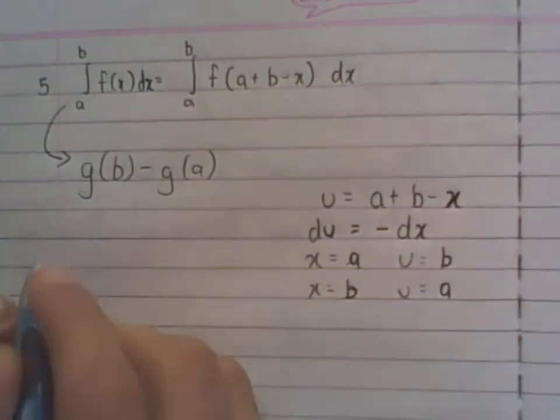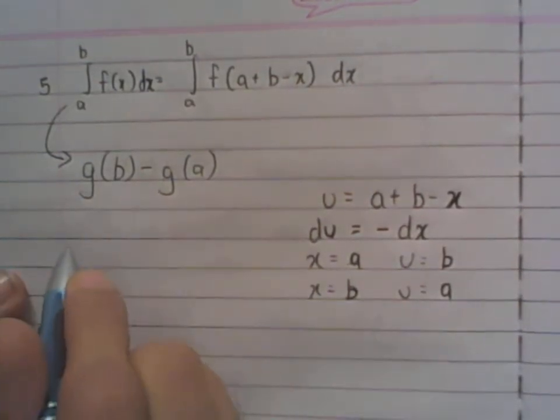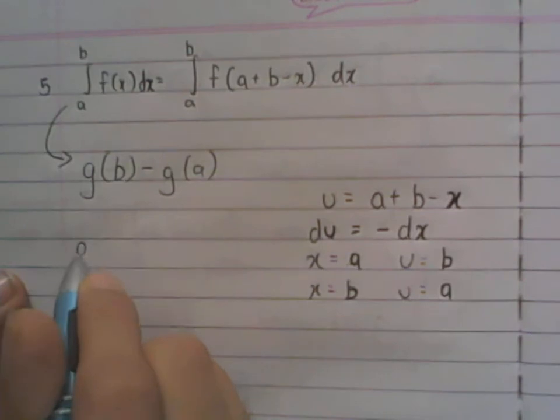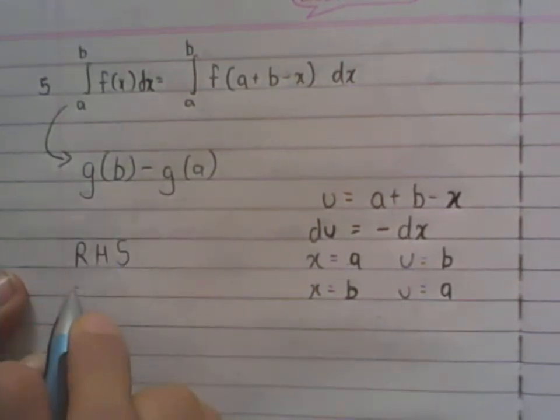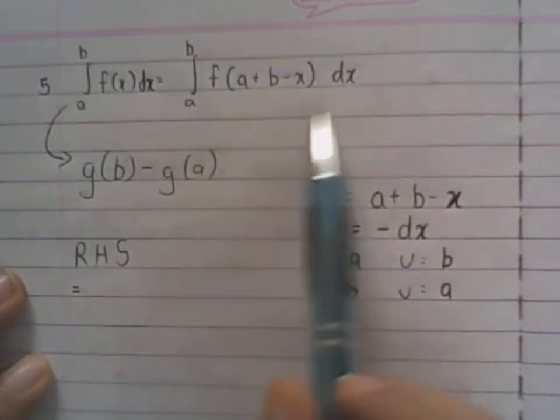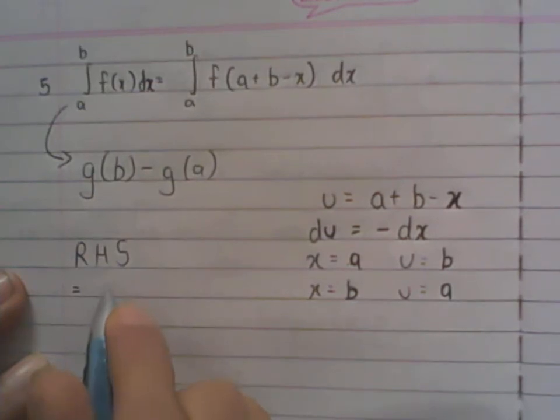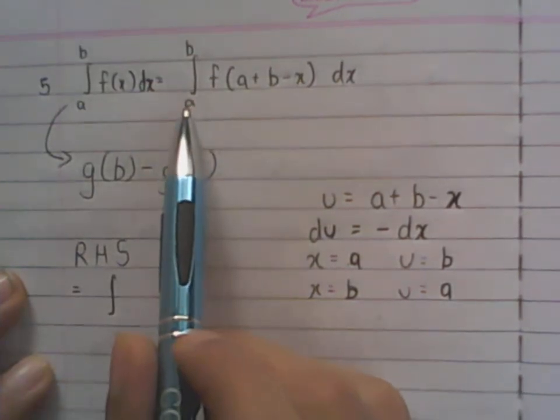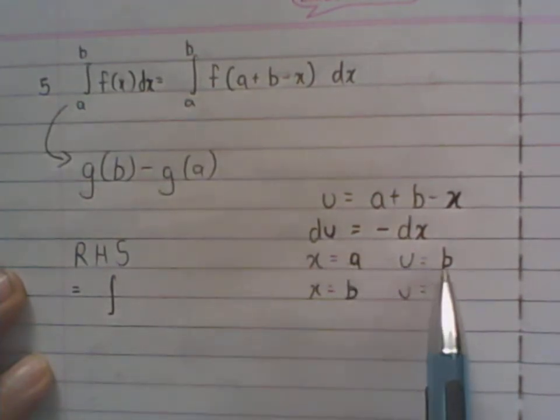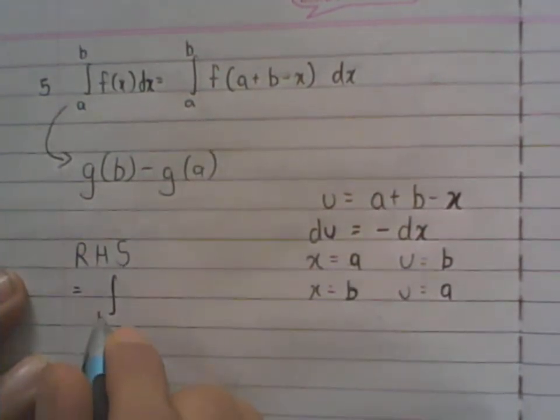So I can write the right hand side, let me name it RHS. My right hand side integral becomes the definite integral, let me write it over here. The older lower limit was a, but now the lower limit will become b.